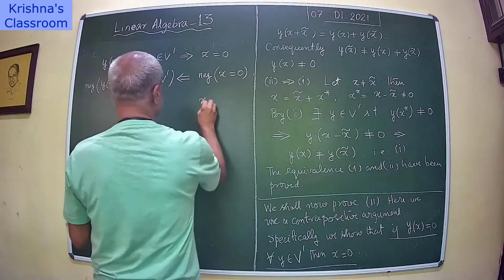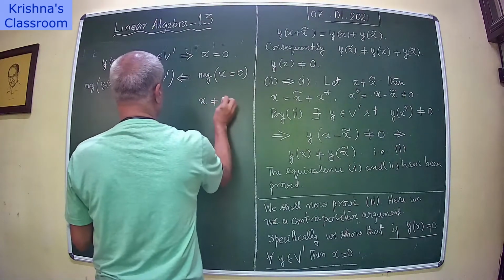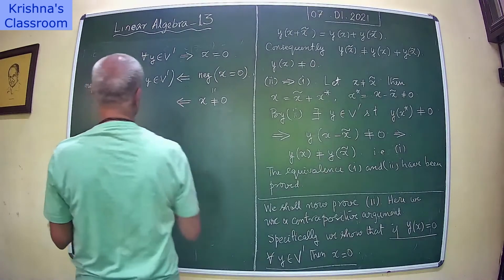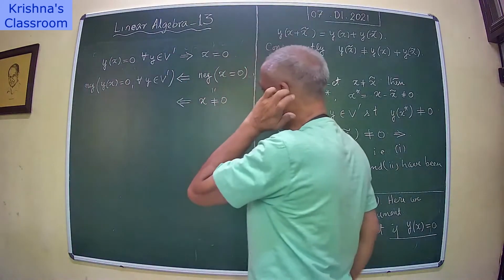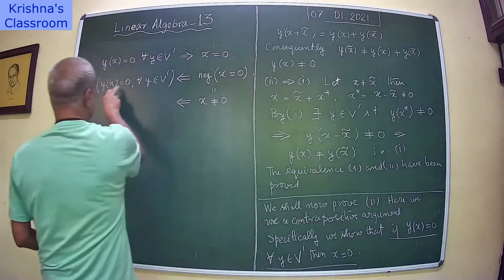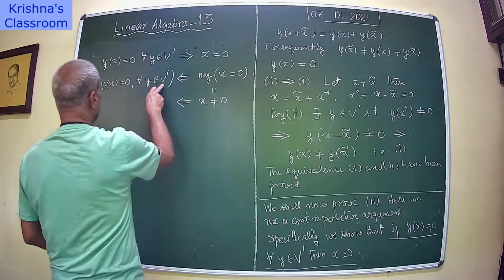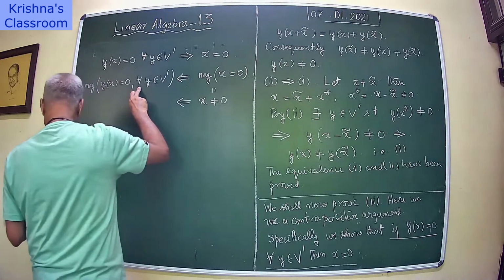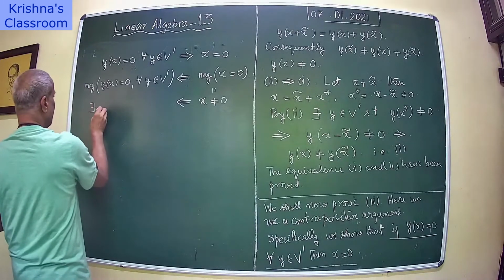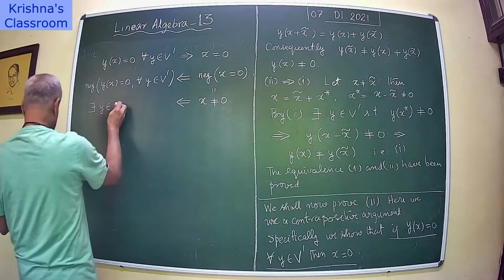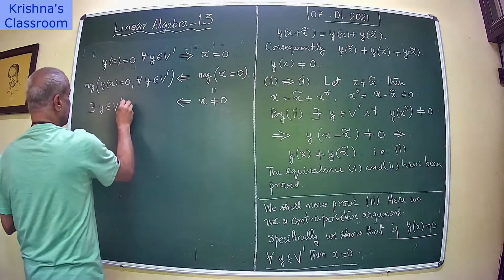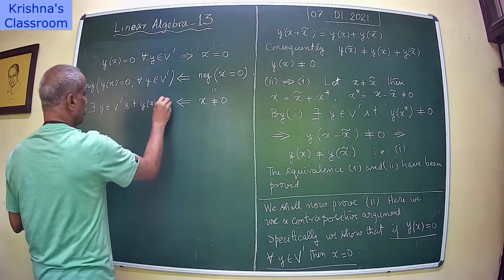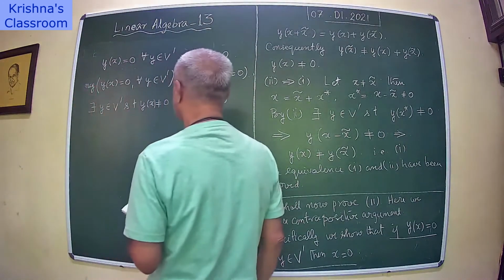That is, x not equal to 0 implies the negation of this. The negation of this is what? y x equal to 0 for every y belonging to B prime. The negation is that there exists a y belonging to B prime such that y x is not equal to 0.